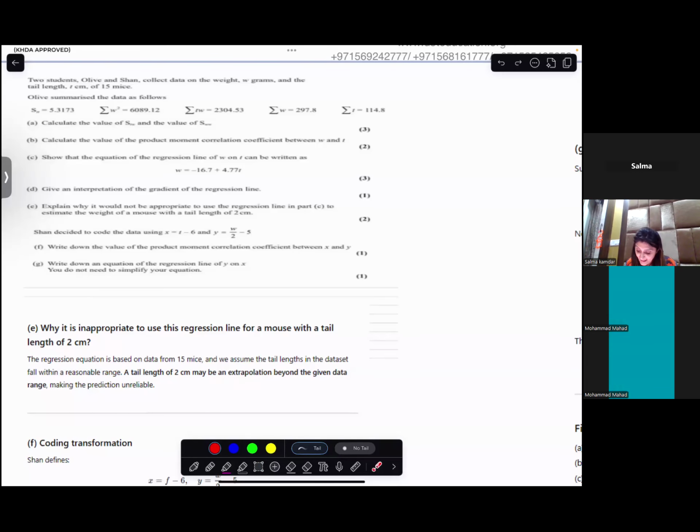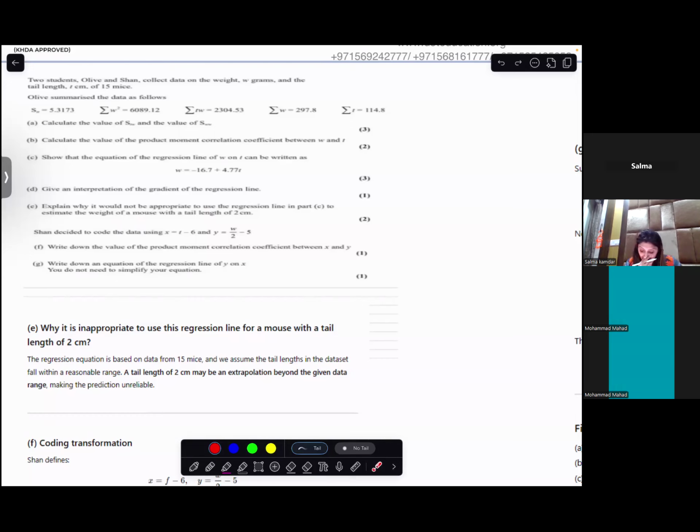The next part is saying explain why it would not be appropriate to use the regression line in part C to estimate the weight of a mouse with a tail length of 2 centimeter.